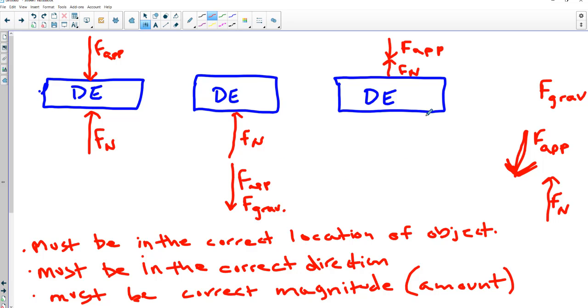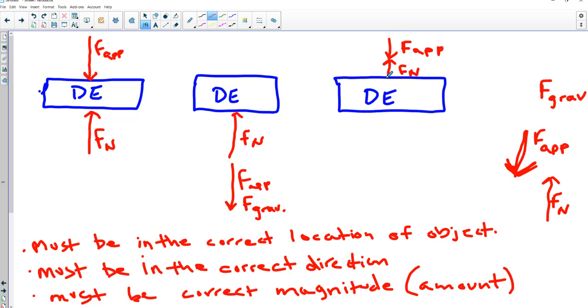So correct. And then look at this one. I have the book. I've labeled a normal force that's affecting the book in the middle of the book in the upward direction. And I have a force applied, or force gravity, or weight of book that's pushing down on the middle of the book with an equal amount of force. These arrows are the same length.